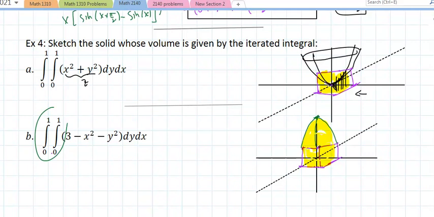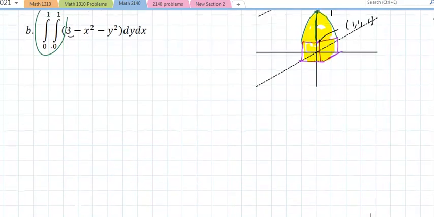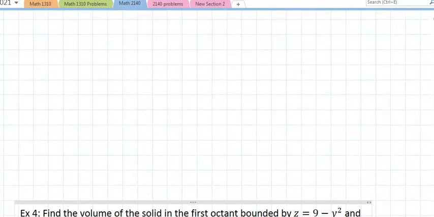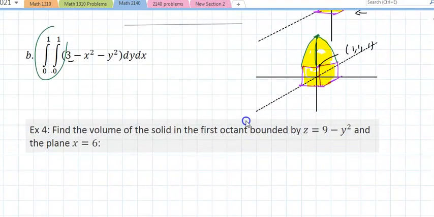And you could tell where this point is when x equals 1, y equals 1, 1, 1, 1. And if I look at my last example, somewhere here, yep, but those are going to take a lot longer. Okay.